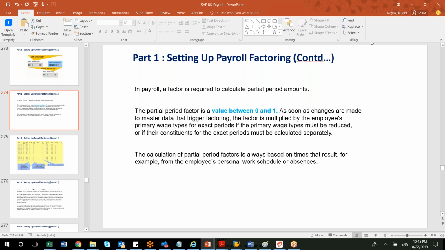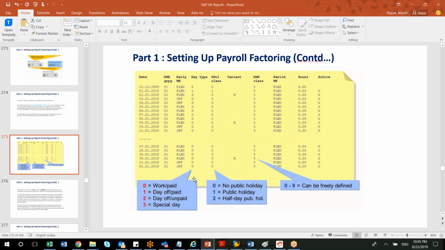This is a screenshot I have taken, coming from your period work schedule. It is actually the number of day types. In the example I have given, it all depends upon the number of days. Even if there is a number of hours, we have not considered that.